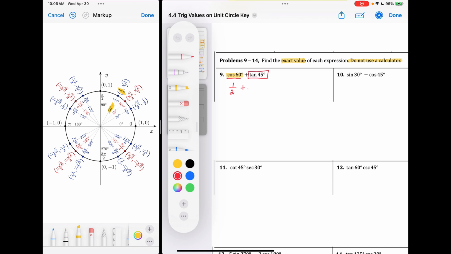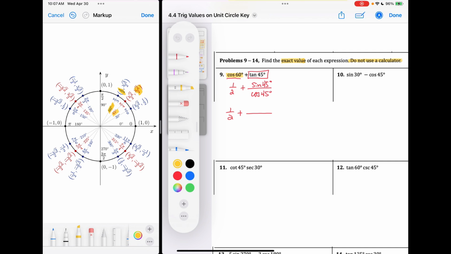And tangent, we talk about that. Tangent is equal to sine over cosine. So now you can say that I just need to look for the value of 45. So what you see is what you got, 45 degrees.